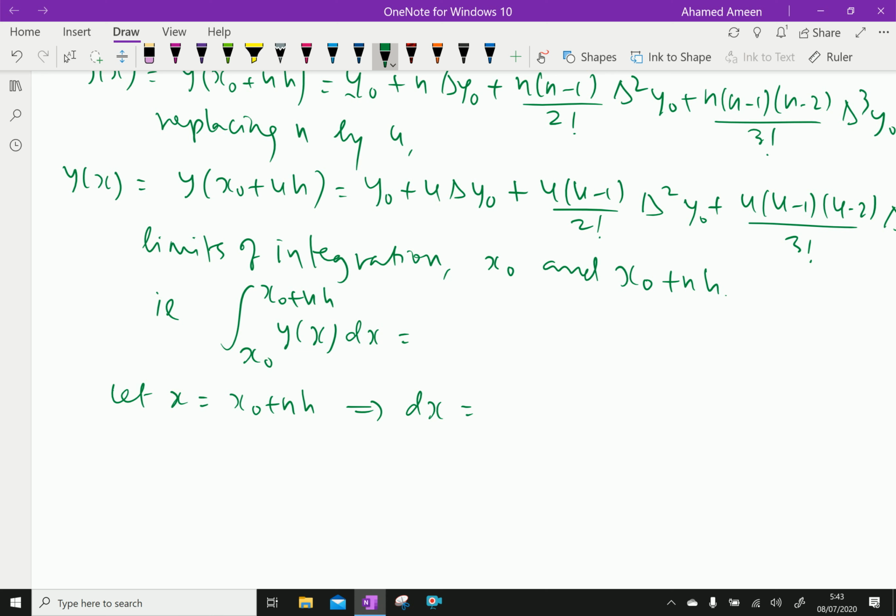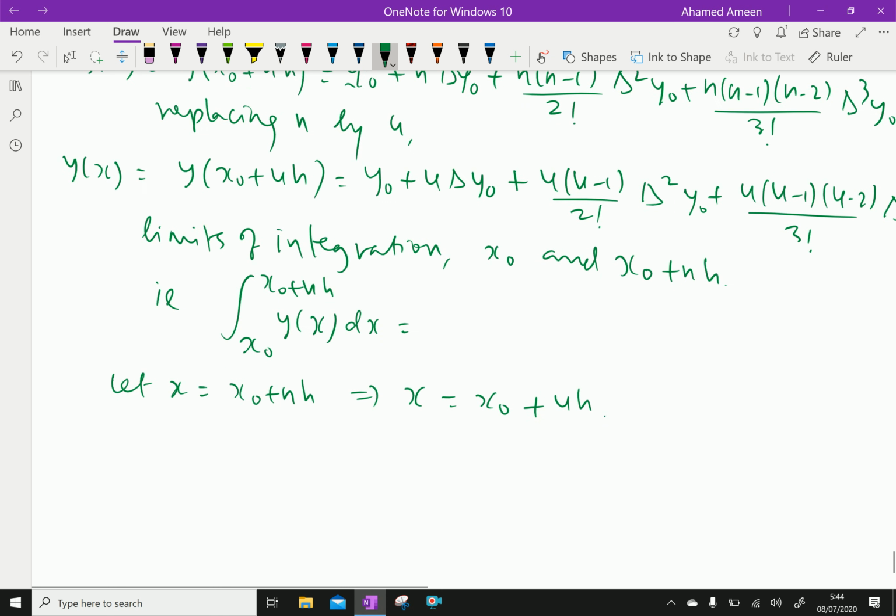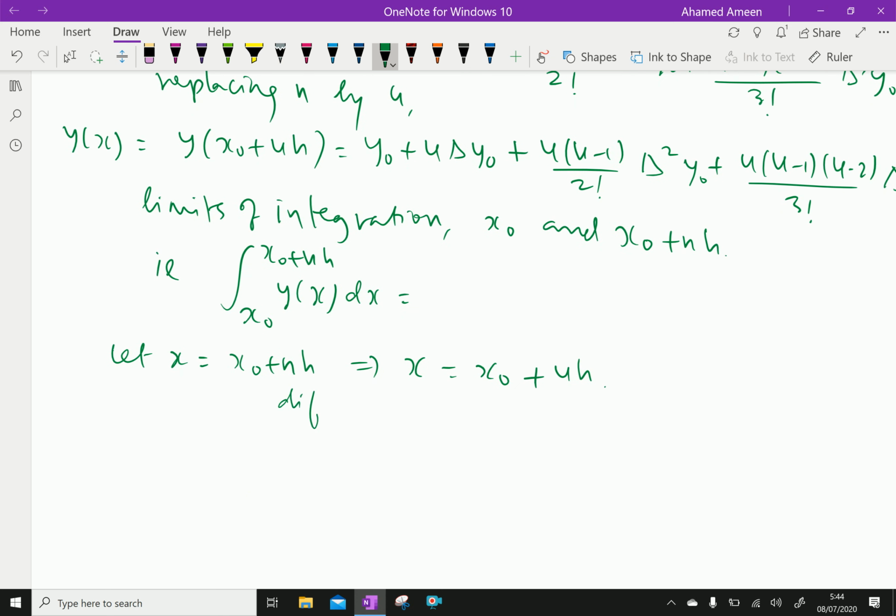Here x0 is a constant, so its differentiation is 0, and the derivative of uh is h du.